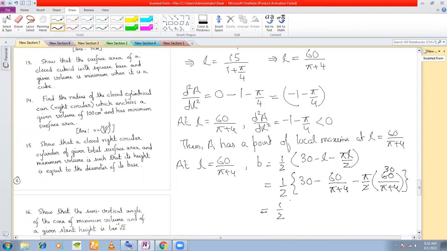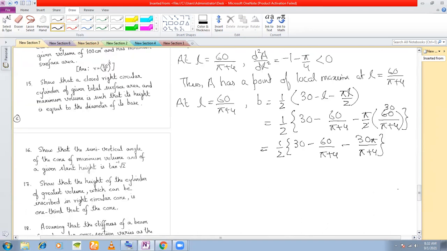You get here half of 30 minus 60 by pi plus 4 minus 30 pi by pi plus 4. Now you take the LCM, half of pi plus 4. So you get 30 into pi plus 4 minus 60 minus 30 pi.